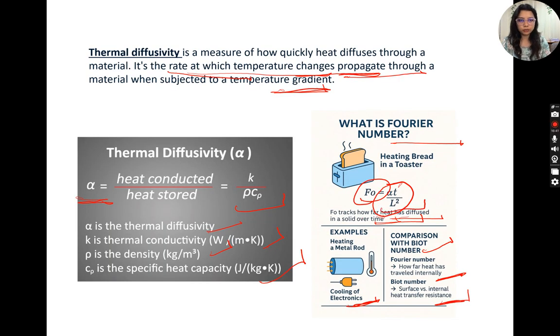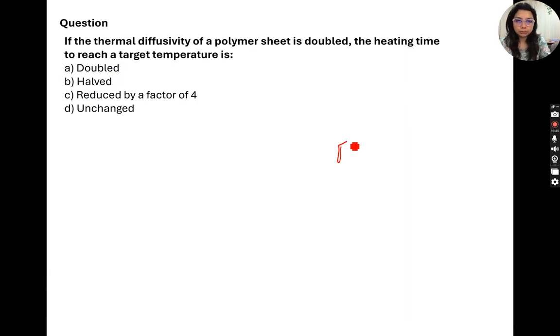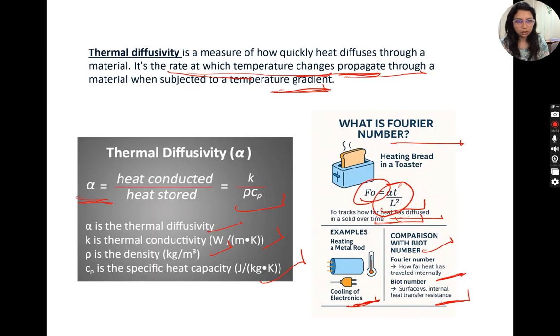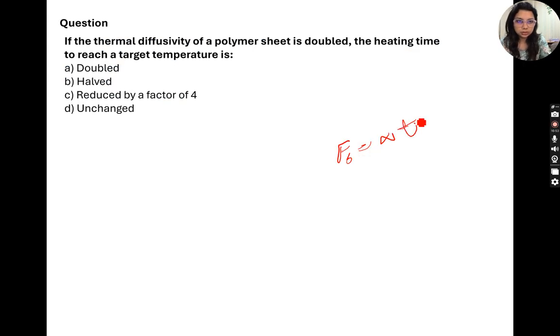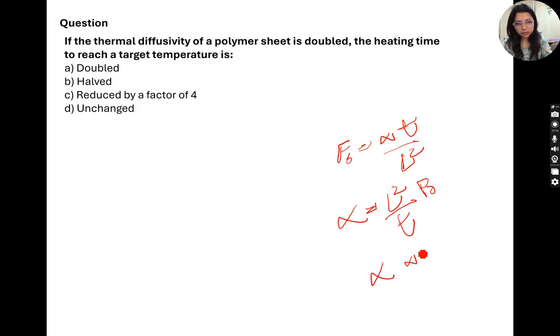The Fourier number, which is a dimensionless number, is equal to alpha t over L squared. So we see that alpha is inversely proportional to time, and here they are asking about the heating time.